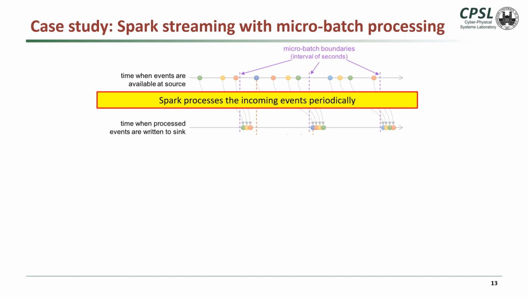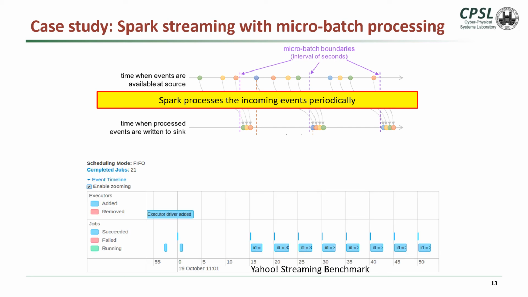So Spark processes the incoming events periodically, and you can show a real-time trace of one famous use case called the Yahoo streaming benchmark.